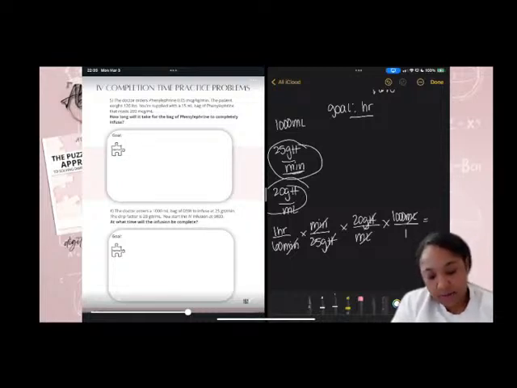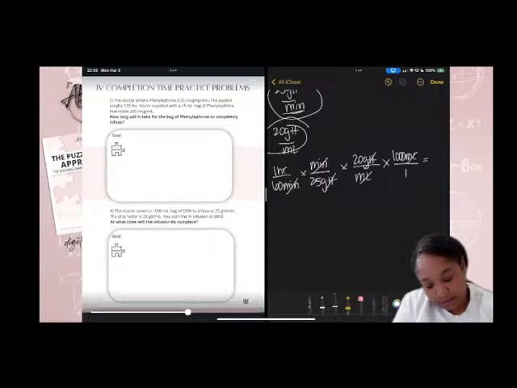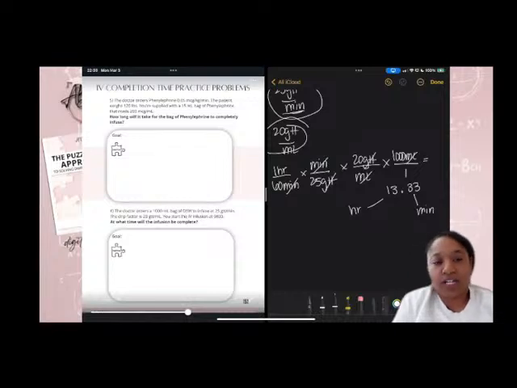20 times 1,000 divided by 60 divided by 25 equals 13.333333 repeating, right? So we know that this part is the hour part. This part is the minute part. What is 0.333 repeating minutes?